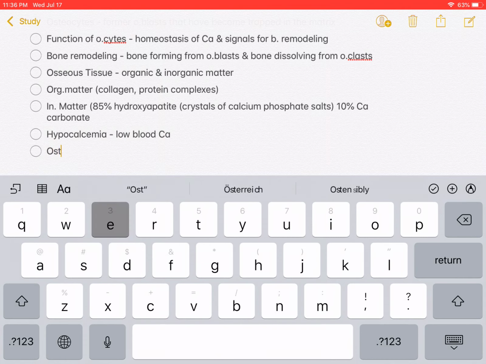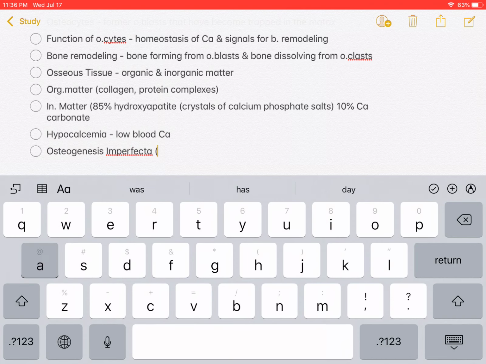So let me just write osteogenesis imperfecta in adults, right? In adults, or rickets when referring to children. I'm just going to put kids here.